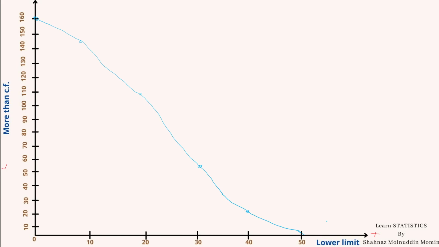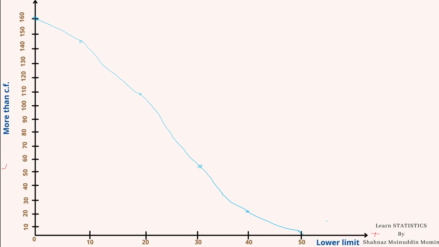Hence we have drawn the more than cumulative frequency curve. In this lecture, we have learned what ogive curves or cumulative frequency curves are. There are two types, less than cumulative frequency curve and more than cumulative frequency curve.